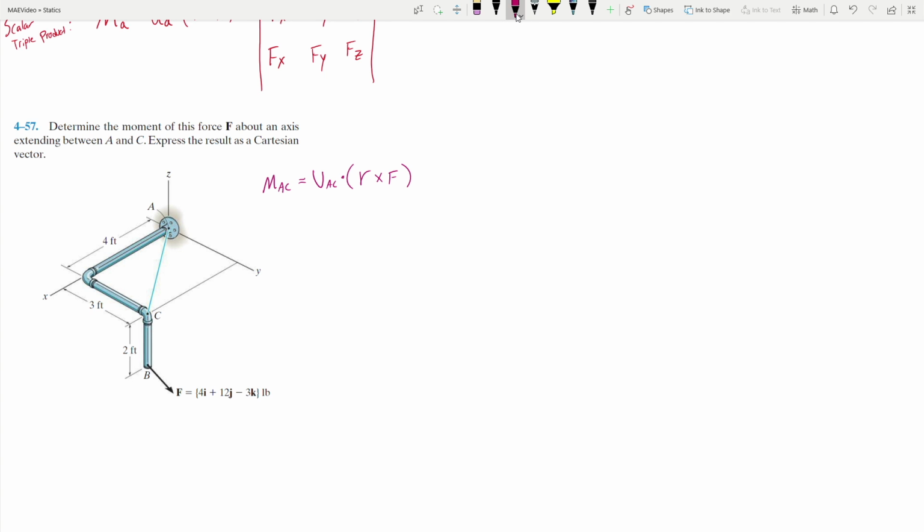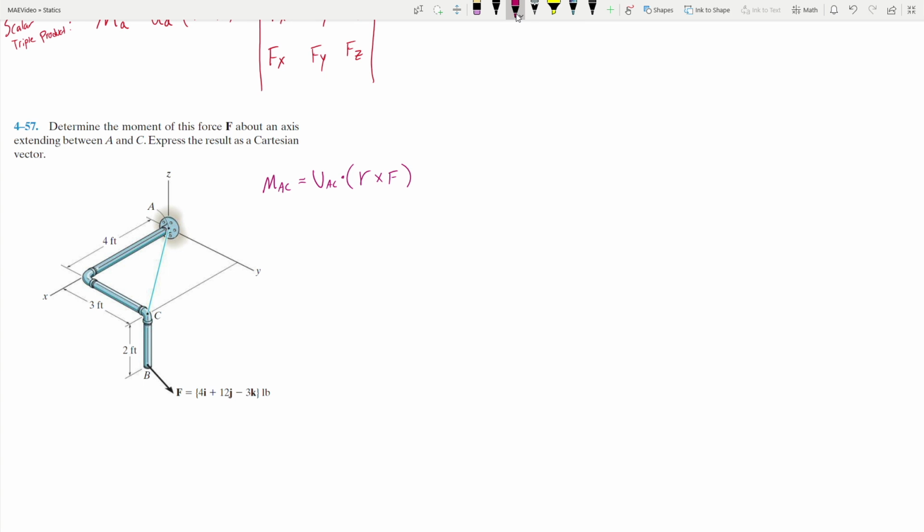And in this case, our R is going to connect our force to our axis that we have in mind. So since our axis is AC here, and our force is acting down at B here, we need a vector that will connect the force to our axis in mind.